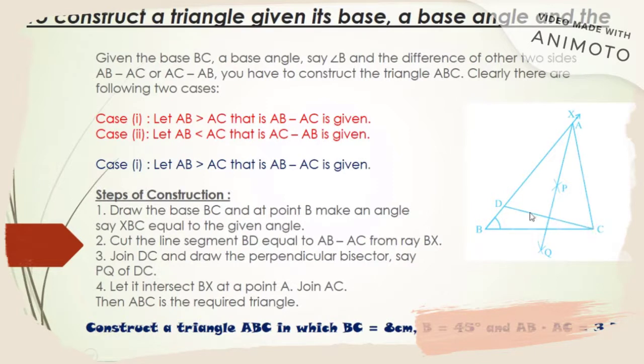Similarly, here also you will bisect the line DC. Wherever this line of bisection cuts the line BX, last time it was in between of the two points. This time it will be on the extended side. Wherever it cuts, that point will be point A, and so we will get our triangle A, B, and C.